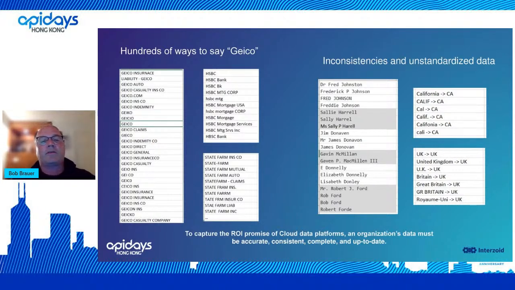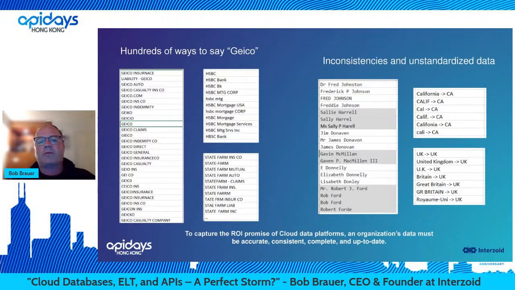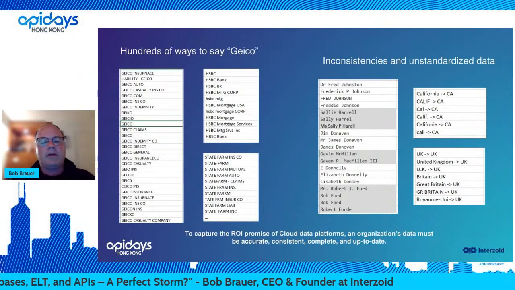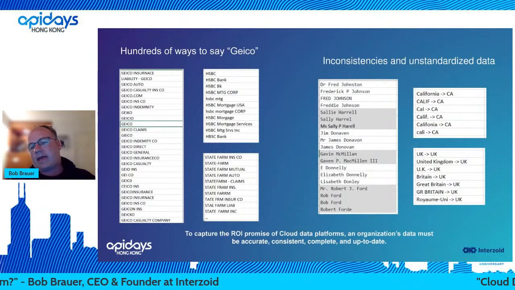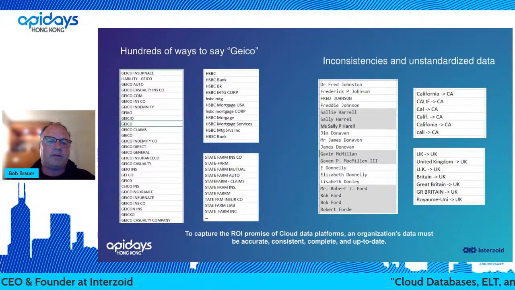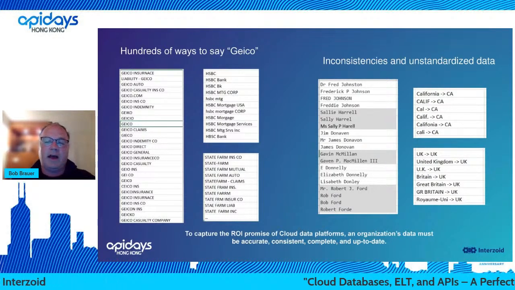You can see some different examples here with HSBC that we've encountered, organization names that can be inconsistently represented in a database, making things like data science and different ways to use this data very difficult.